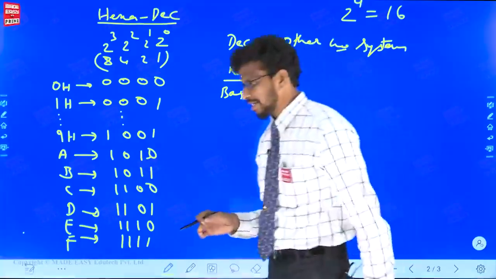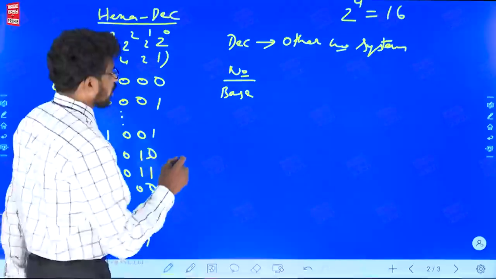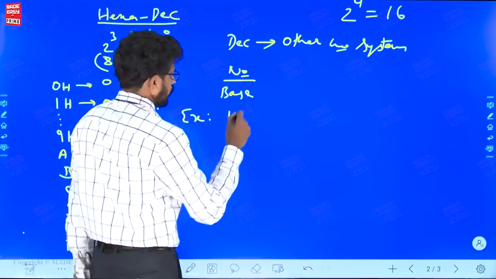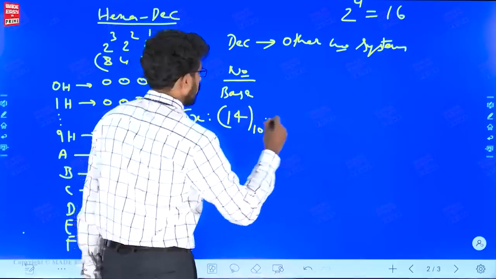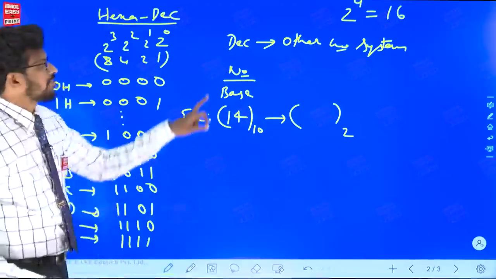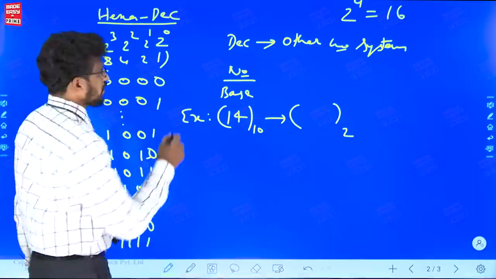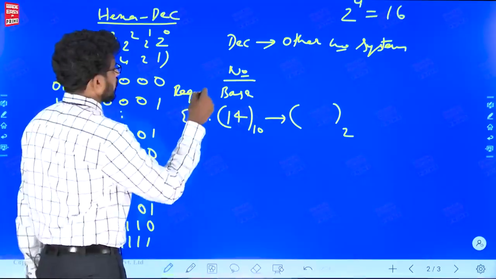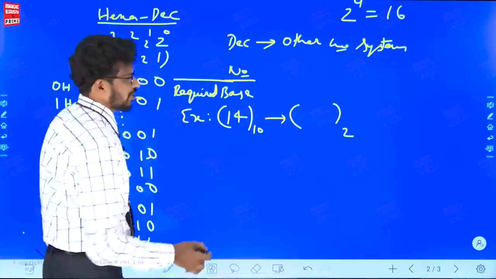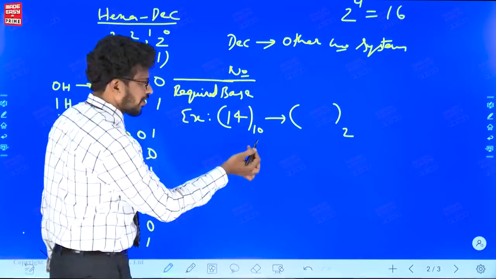Let us take an example. I want to convert, say, the decimal value 14 to binary. Very simple: divide the number by the required base. The number is 14 in decimal, base is 10.